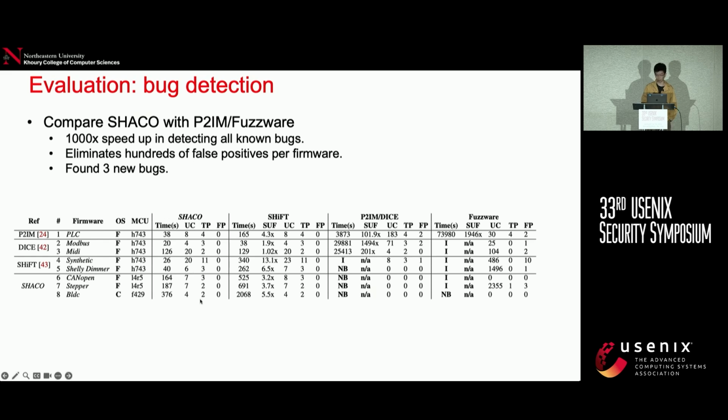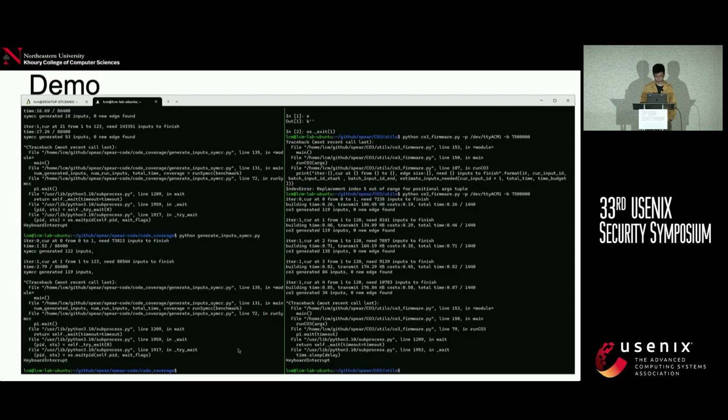We detect all the known bugs within a reasonably small amount of time and without any false positives because we use the real hardware. And if you look at those emulation-based approaches, they suffer from unsupported MCUs or unsupported hardware features that make the booting process fail.